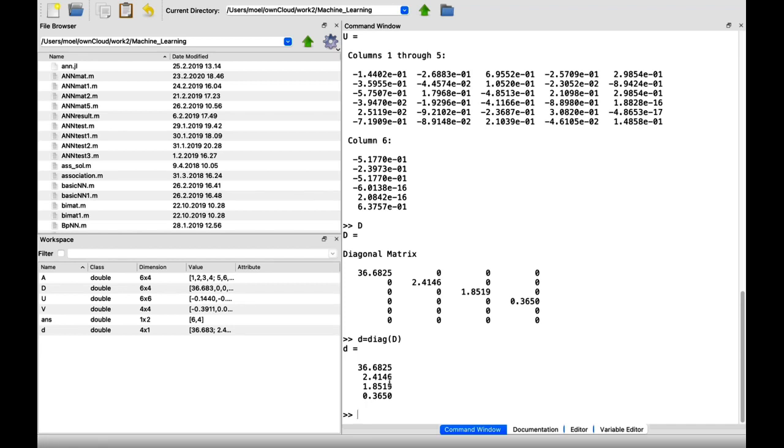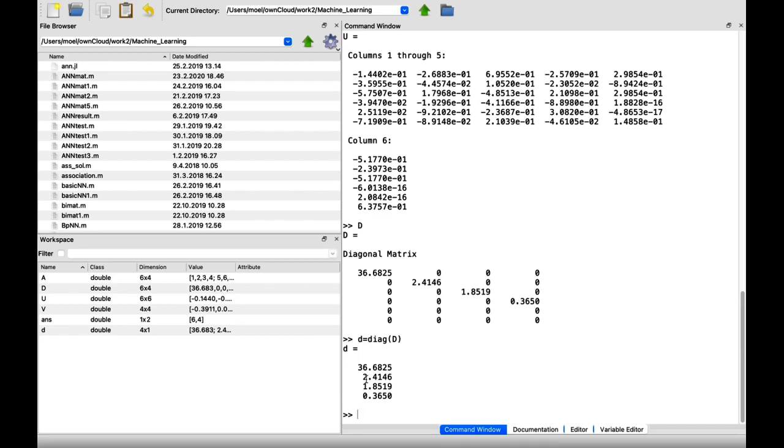For example, the first singular value is 36.6, which means that the first eigenvector in U matrix contains most of the information in this matrix.